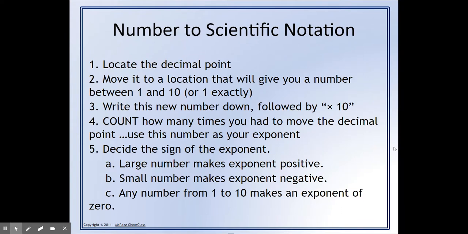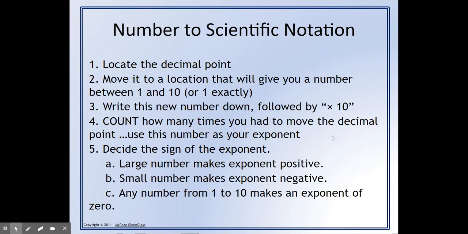This is how you go from a number to scientific notation. First, you would locate the decimal point. Next, you would move it to a location that will give you a number between 1 and 10, or 1 exactly. So you want one digit, you're going to move your decimal point to one actual digit, not a 0. Write this new number down, followed by times 10. Count how many times you had to move the decimal point.